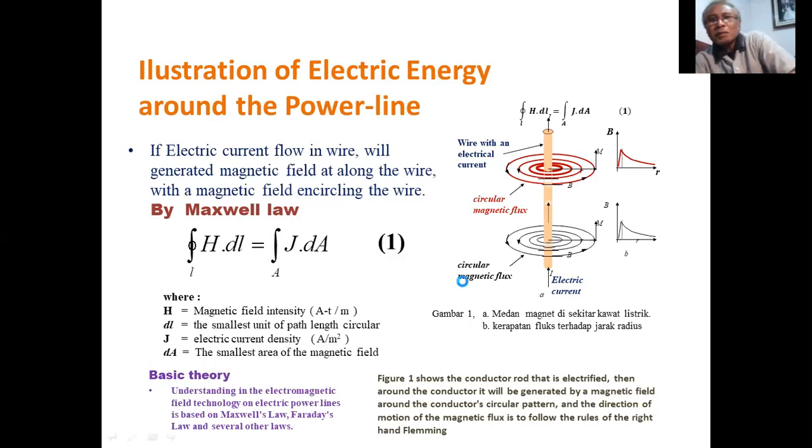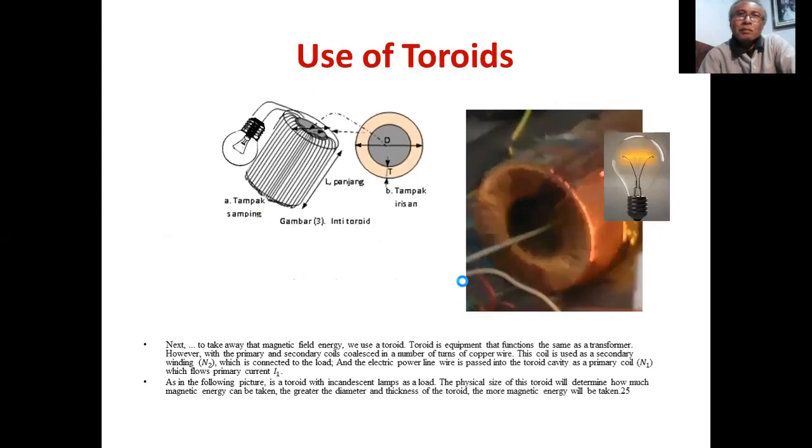And next, how to take the magnetic field energy from the power line. We used a toroid, shown in figure 3. A toroid is equipment that functions like a transformer.